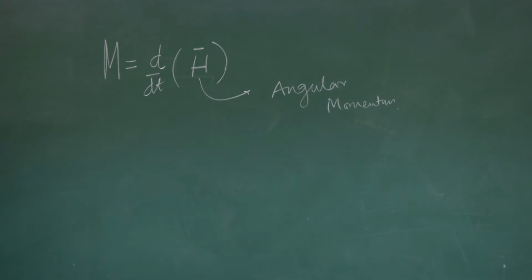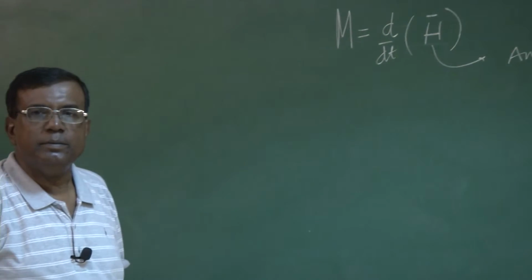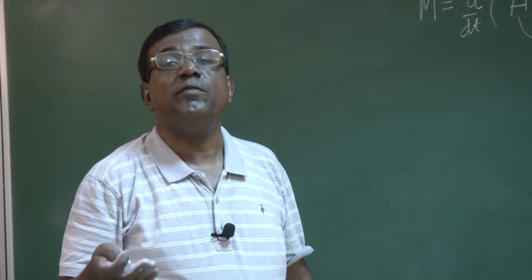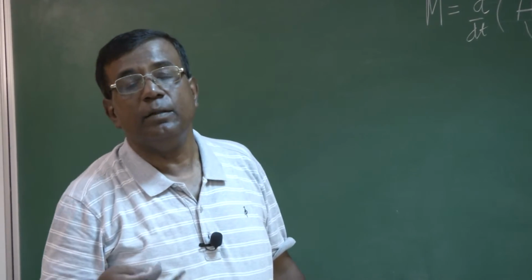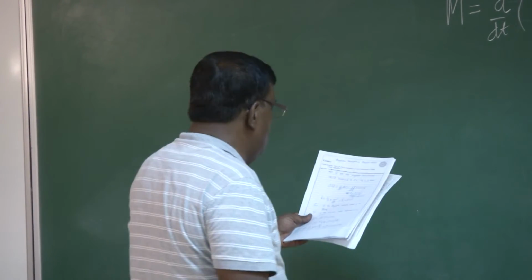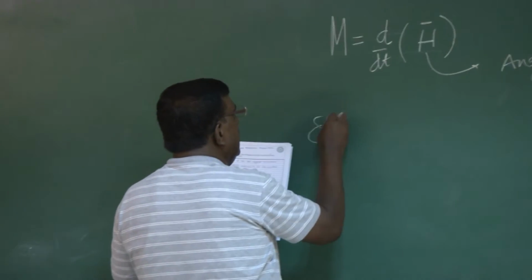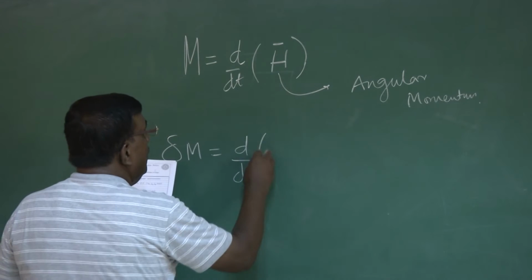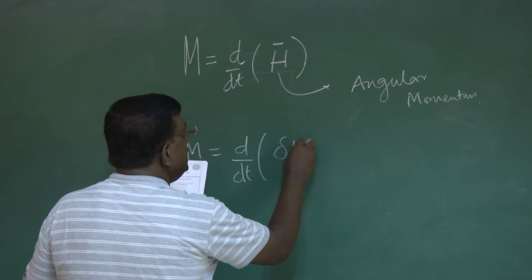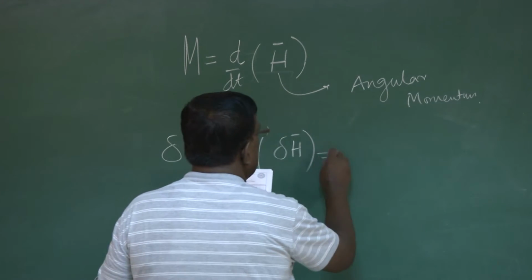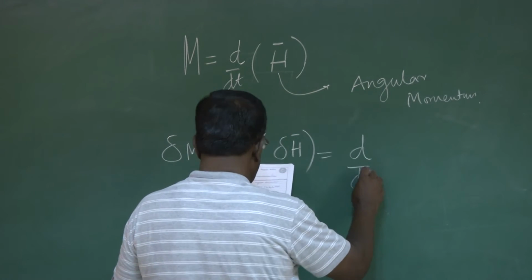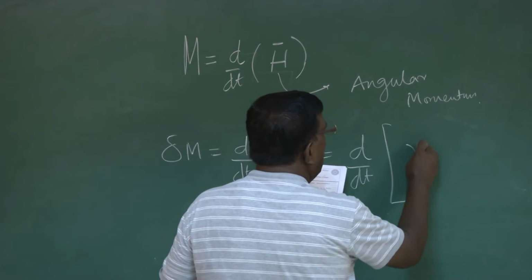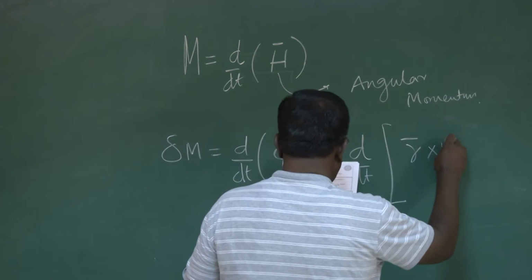Now, what is the understanding of angular momentum? We say angular momentum is the moment of the momentum, right? R cross mv, go back to 11, right? It's the moment of the momentum. So we will use that definition. We will write delta M as d by dt of delta H, which I can write as d by dt of r cross v.